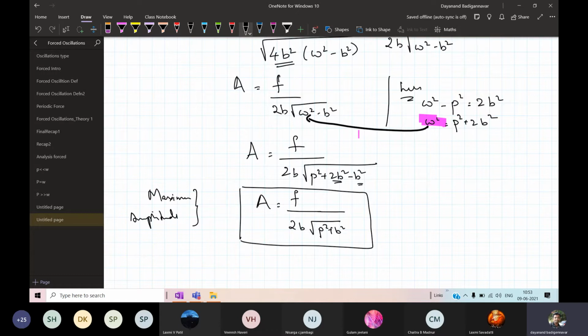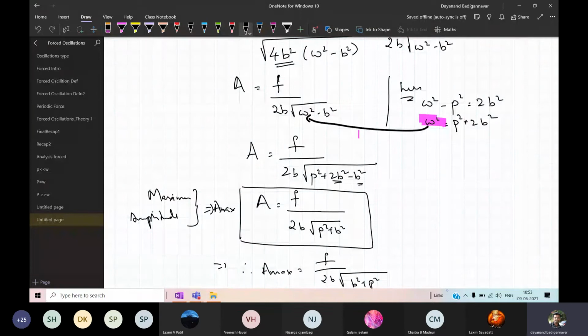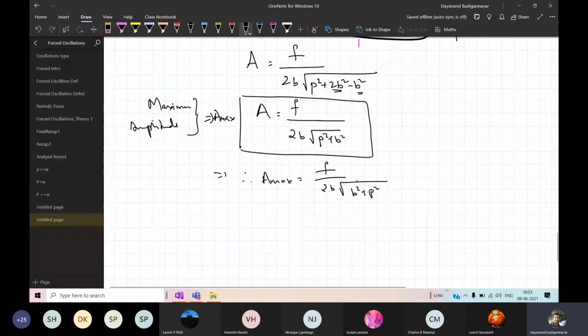Here instead of A, I will call it A maximum. Therefore A maximum is equal to f divided by 2b into root of p square plus b square. This is the amplitude when damping is present.